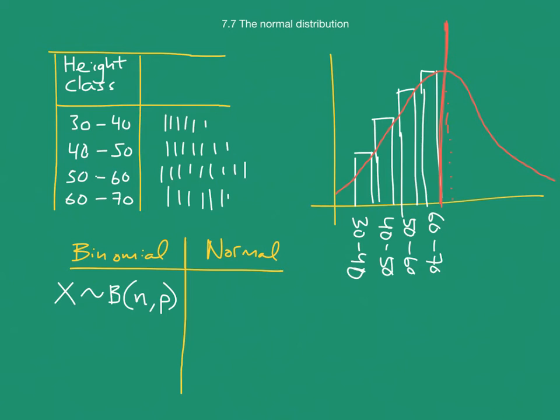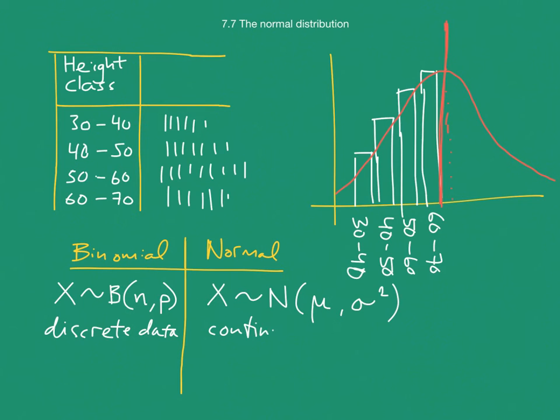The normal distribution is different in this respect because, okay, we have a random variable, for example, height, and it has a normal distribution, and it has different parameters. So the parameters here are the mean and the variance. And I could add what I just said about discrete and continuous data. So the binomial is for discrete data and the normal distribution is used for continuous data.